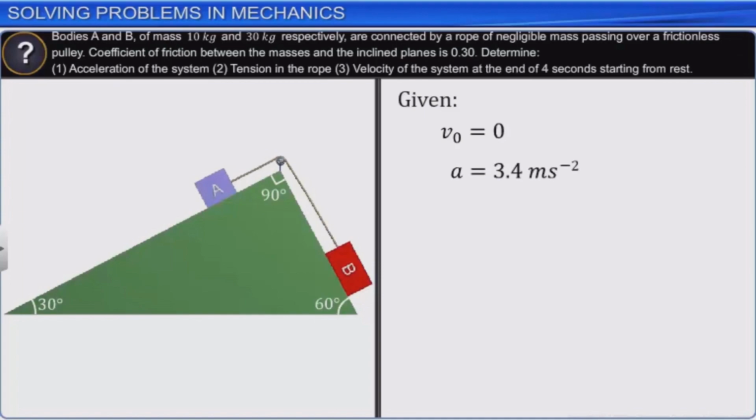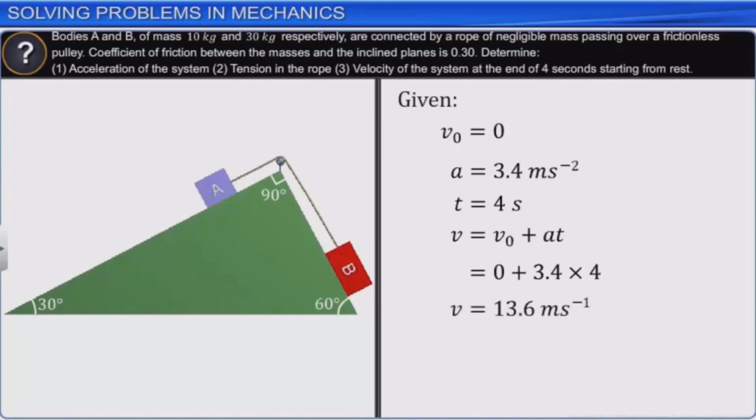We can use the equation of motion, V is equal to v0 plus at, to determine the velocity at the end of 4 seconds. Substituting the values and simplifying, we get the final velocity, V, as 13.6 meters per second.